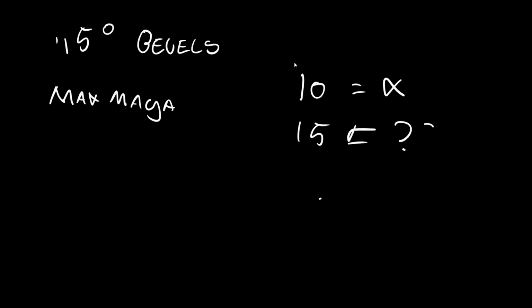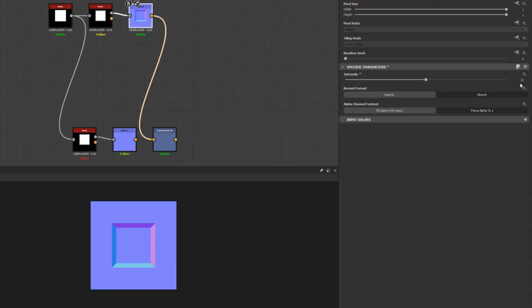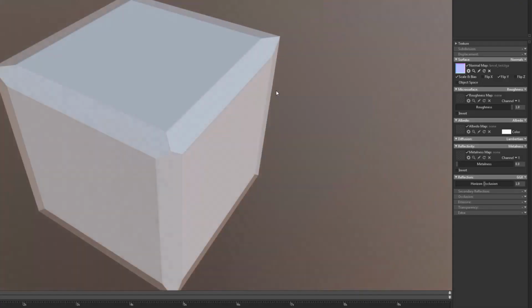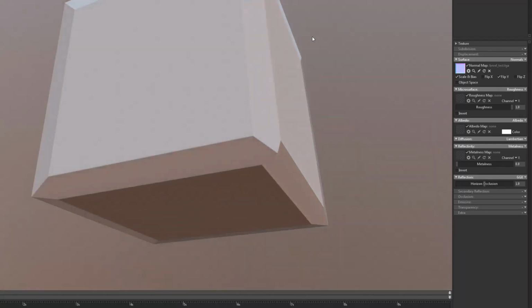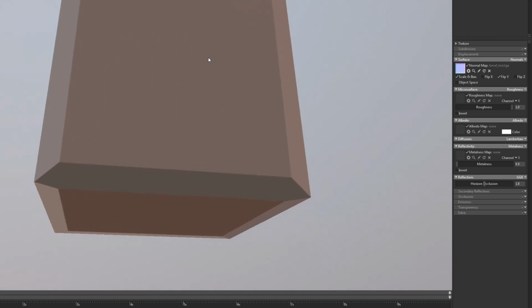I tried 15, it's too harsh, the angle is too sharp. So I thought, I'll go 12.5 for the normal strength. So the distance times 125.